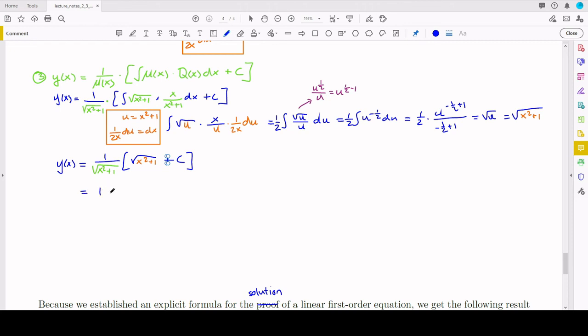And so this is going to be 1 plus c over square root of x squared plus 1. And since we're not given an initial condition, we cannot figure out what c is. So this is our final answer.